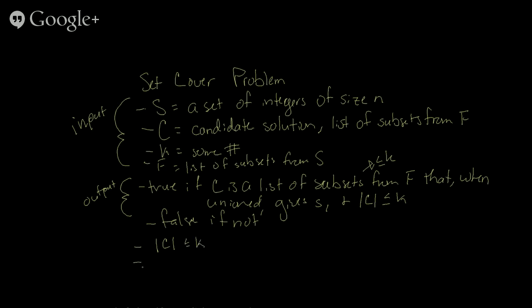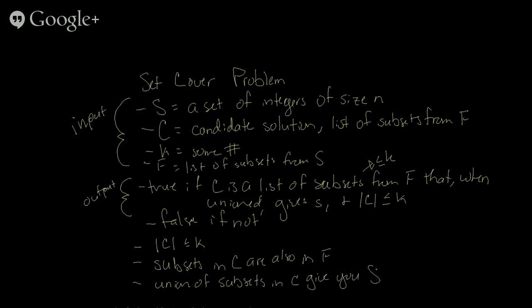You need to check and make sure that your subsets in C are also in, not K, sorry, F. And you want to check and make sure that the union of subsets in C give you S. And remember that we're not talking about graphs anymore.